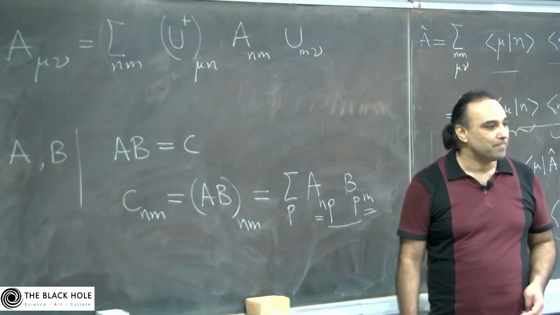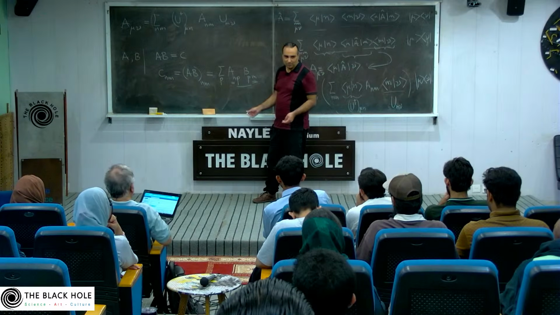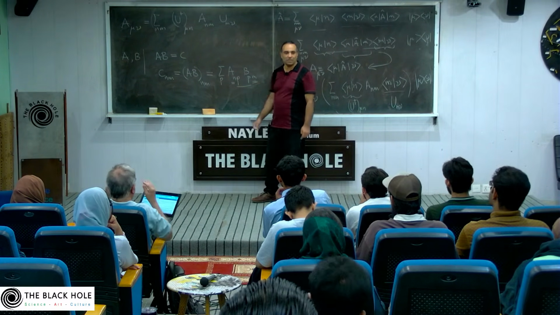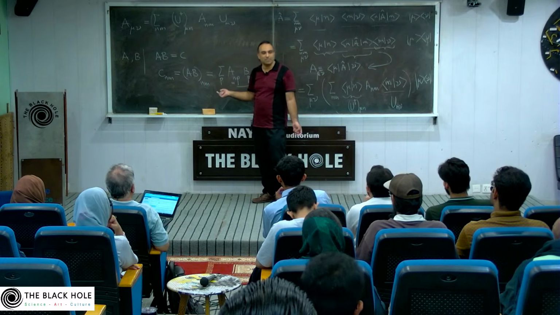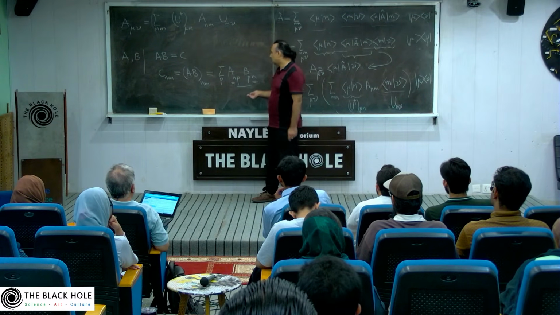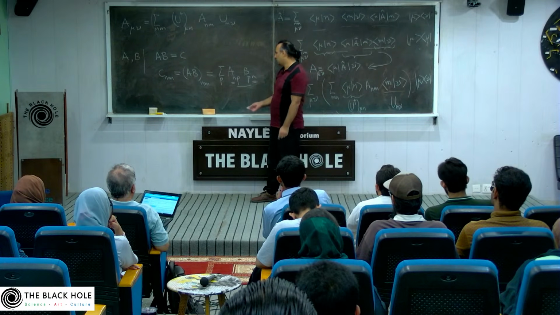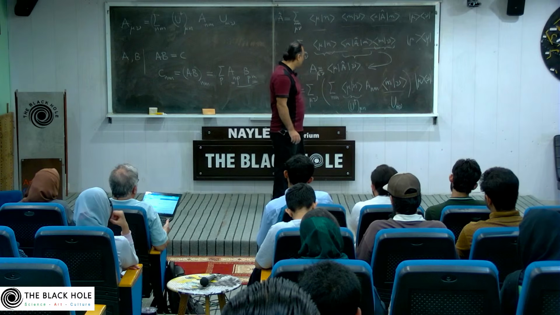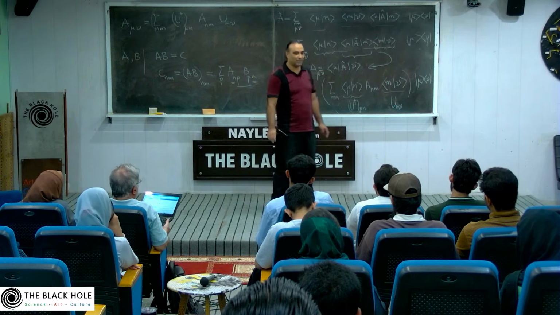Here, in this sum over p, there is no role of identity. So it's just a matrix multiplication. You can test this on, say, 3 by 3 matrices, that's an exercise you can do. It is similar to inserting an identity here, maybe, but we are not doing anything with identity now.